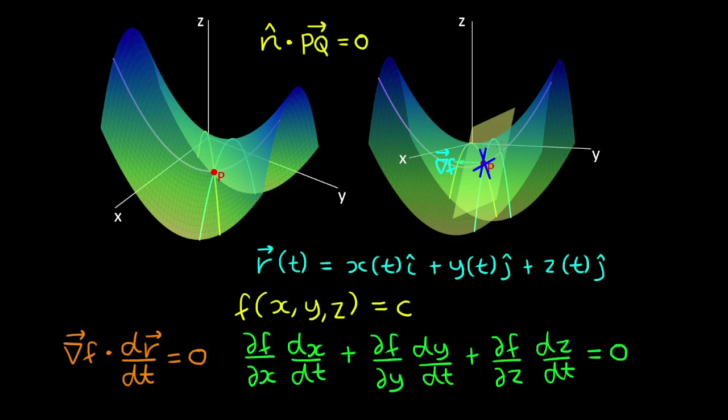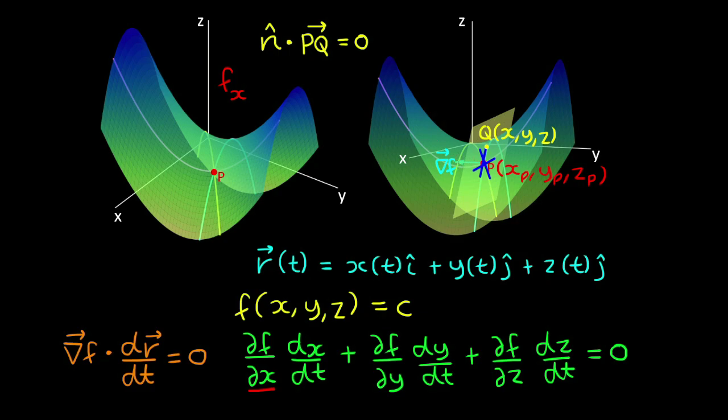So if we take some point on this plane, being point Q, with coordinates x, y, and z, then we can write the equation of this tangent plane. So noting that point P has coordinates xp, yp, and zp, the equation of this tangent plane is the partial derivative of f with respect to x, being the first component of the gradient vector.